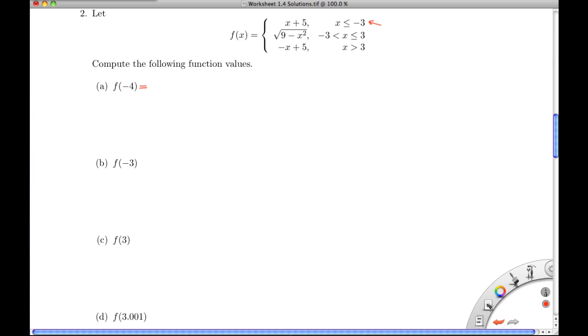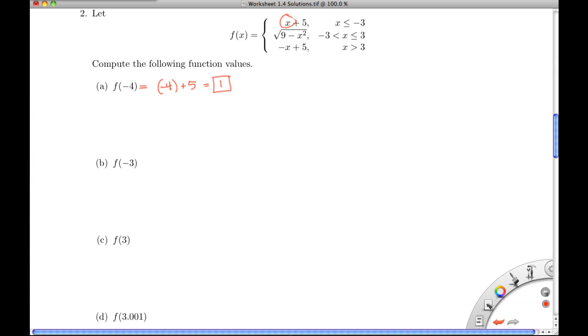In place of the x here, we're going to replace that with the value that we're asked to input, which in this case is negative 4. So we'd have negative 4 plus 5, which will just give us a value of 1. And that's all you've got to do. We don't have 3 answers, we just have the 1, and then we move on.